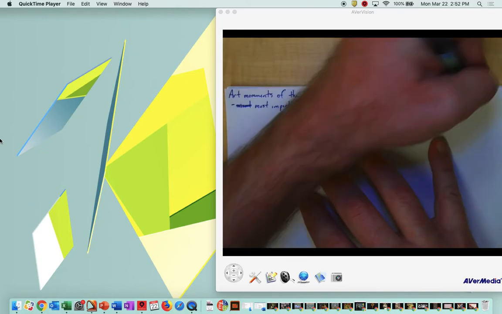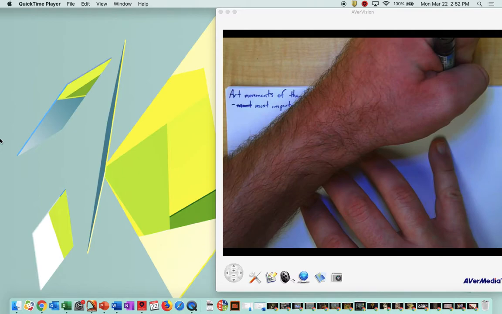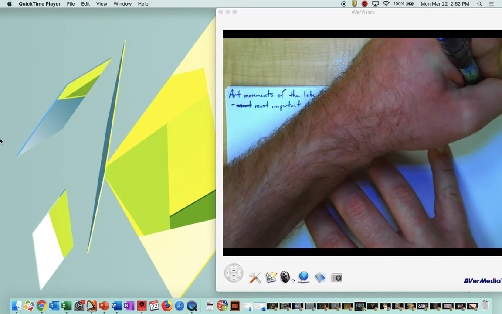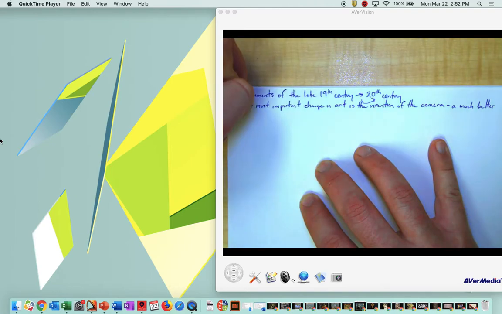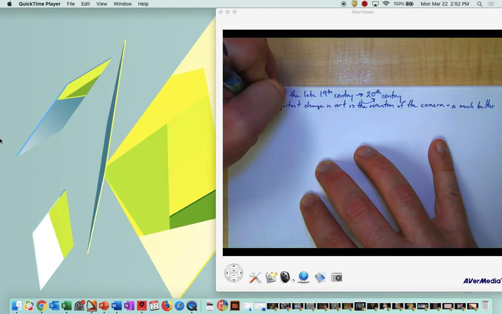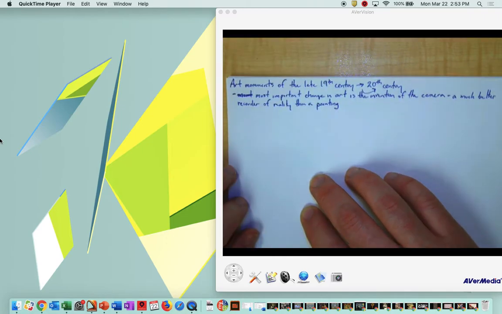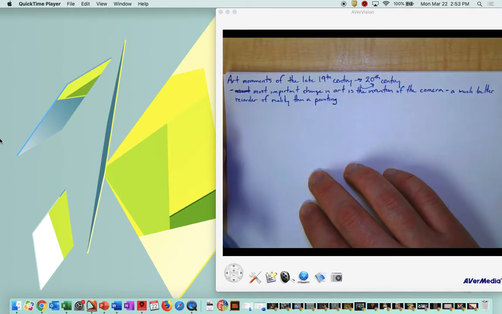And the reason for that is that the camera is a much better recorder of reality than a painting. You can very easily capture what's going on with a camera than you can with a painting. It's faster, it's way more accurate than a painting can ever be.